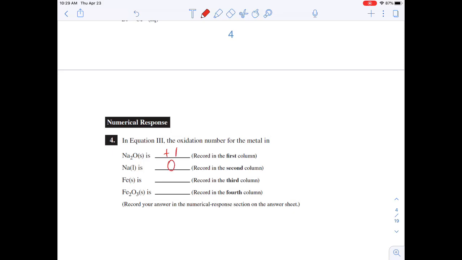Sodium here is 0 because it's an element. Iron is 0. And in the last one, this is an iron(III) oxide because there are 3 oxides, so this is +3. The reaction wasn't given to you, but you didn't actually need it to be able to do that question.